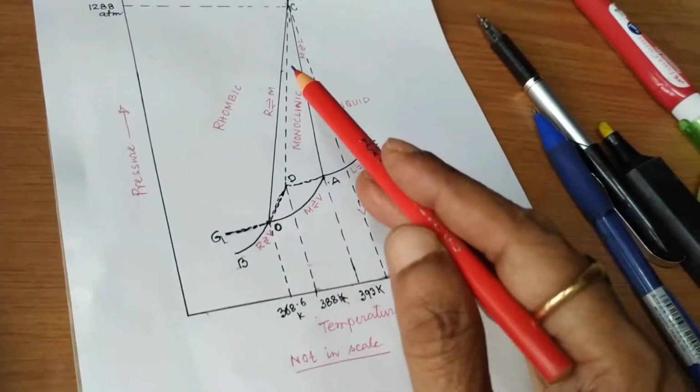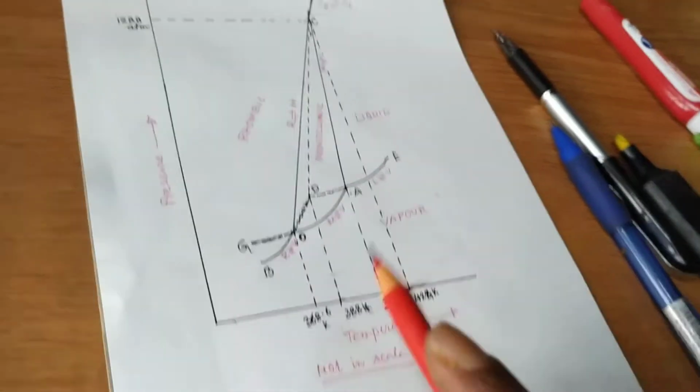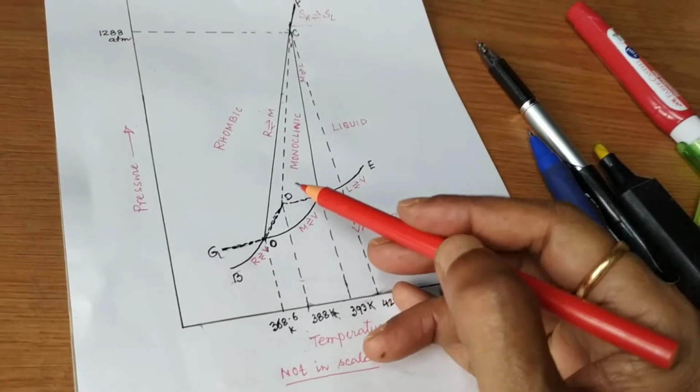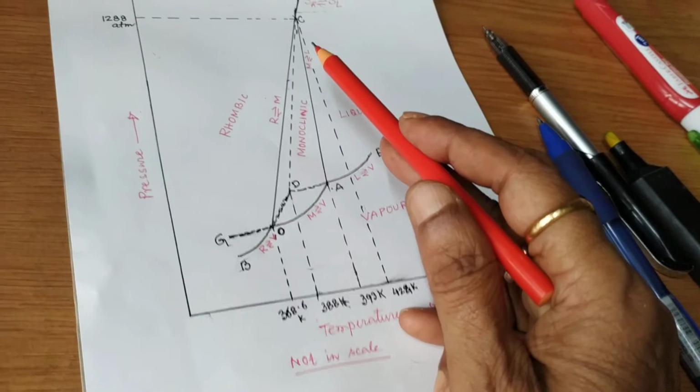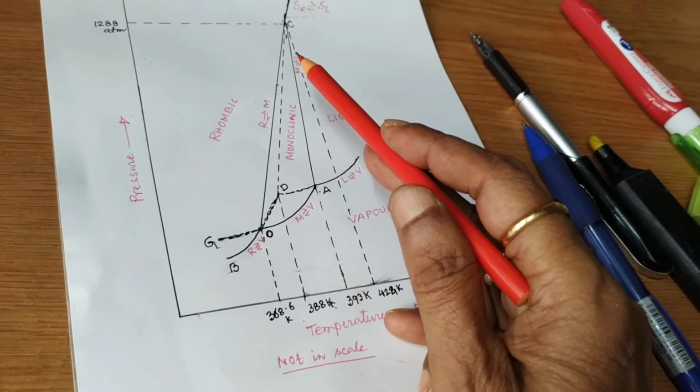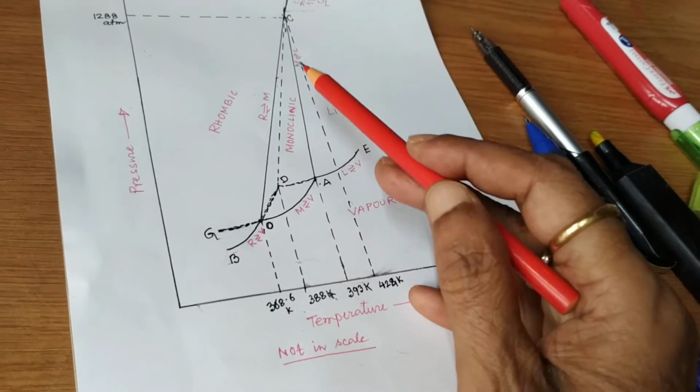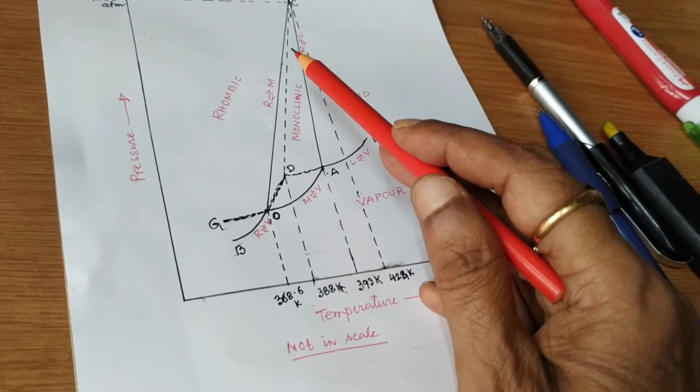Now the curve DC: the metastable melting point curve of rhombic sulfur.